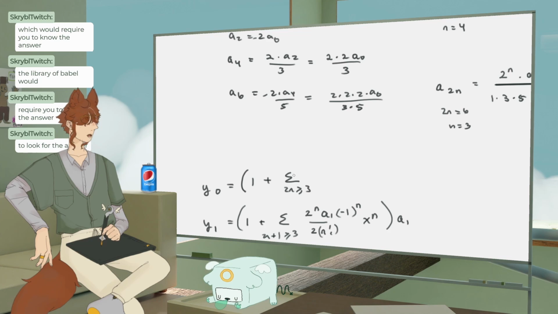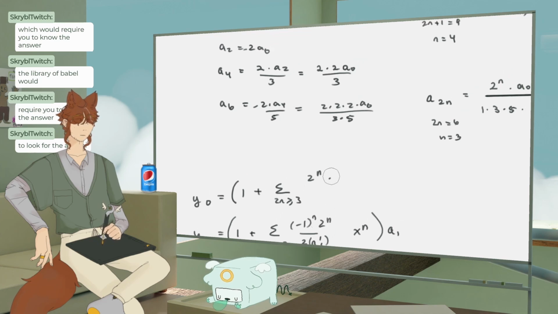I'm not even re-indexing it or anything. Nah, just don't worry about it. I put an a1 in there, don't put an a1 in there. So put the negative 1 to the n out here. Am I a heathen? Don't mind me, just writing out by hand my 2n minus 1.